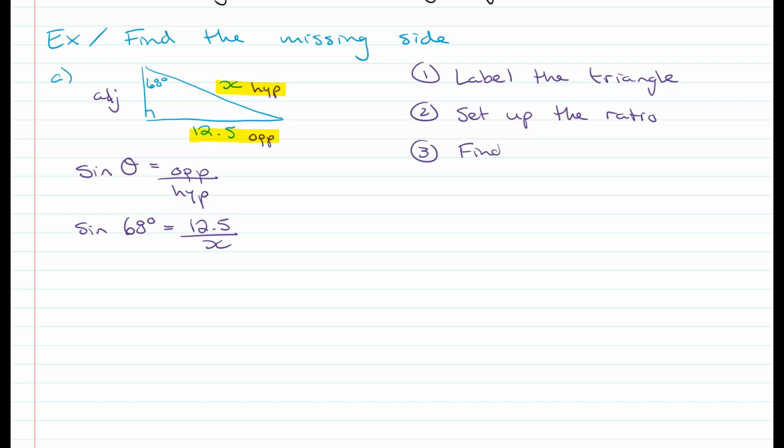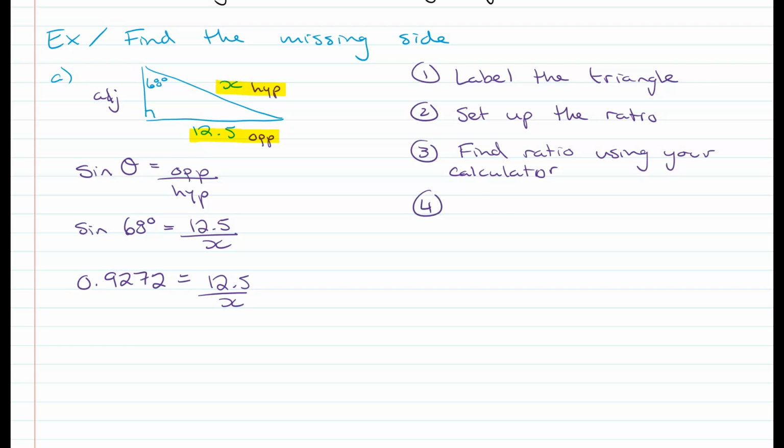Then, just like with tangent, I'm going to find the ratio on my calculator. So I'm going to find the sine of 68 degrees on my calculator by pushing sine 68. And I get 0.9272 equals 12.5 divided by x.